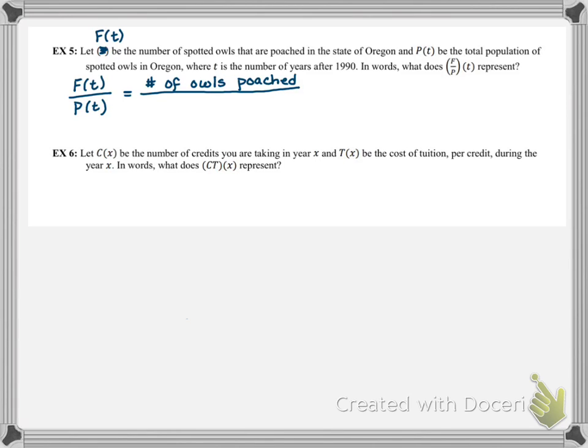When we write our final answer, we'll be a little bit more specific, but this just gives us an idea of what we're doing the operation with. So what does p of t represent? Yeah, the total number of owls. So what do you get if you divide the number of owls that are poached by the total number of owls?